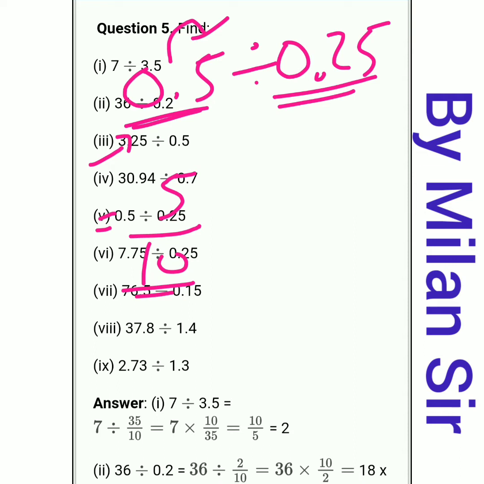Right now our division remains as it is, because first we convert the decimal numbers into fractions, and after that we convert the division into multiplication.